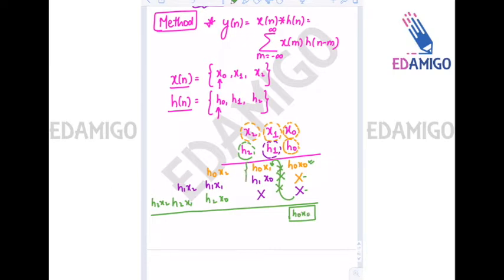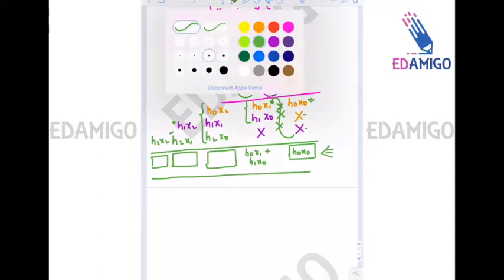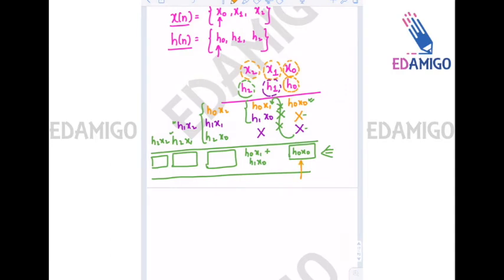Here we will get the sum of these two, that is h0 x1 plus h1 x0. Here we will get the sum of these three. Here we will get the sum of these two, and here we will get only h2 x2. Now this is the convolution result, and this is the first term of the convolution result.